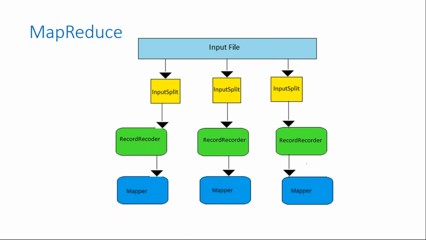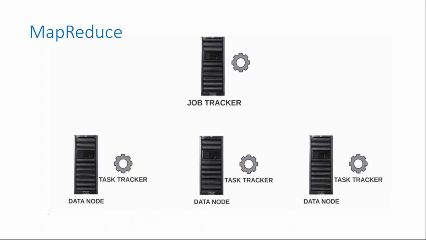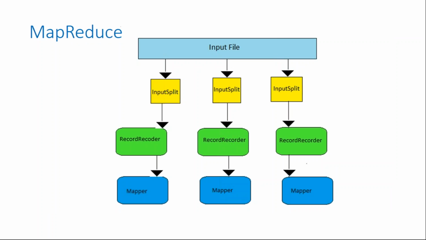The mapper program is something we're going to write. And let's get into the architecture and a few more names. Here the new names are job tracker and task tracker. If this makes sense, so far we are good.